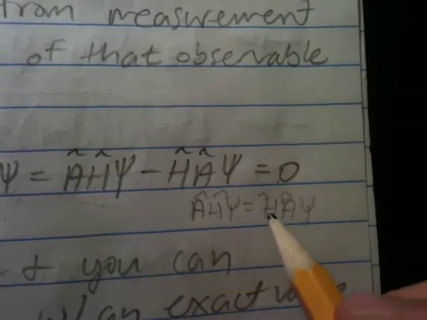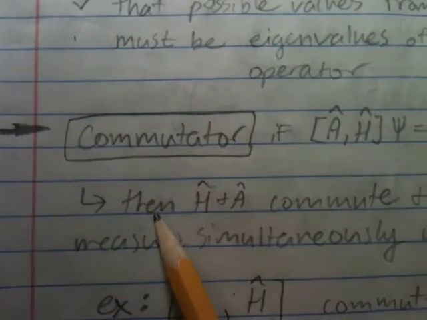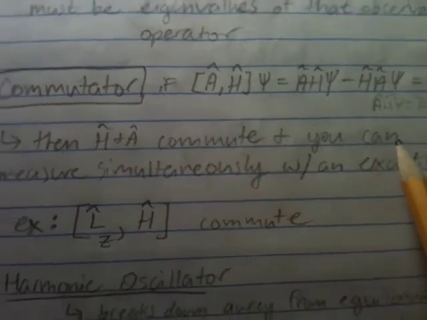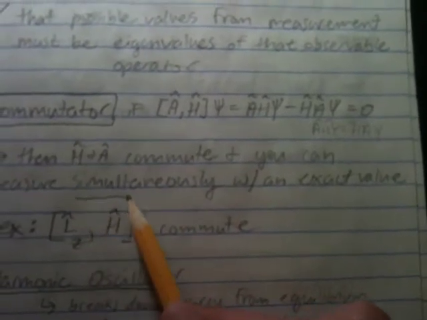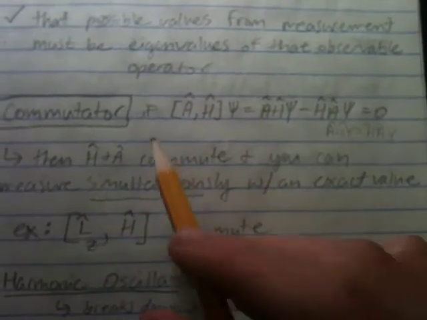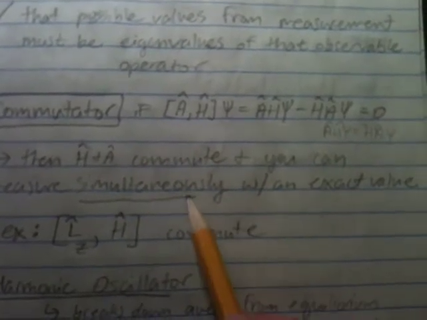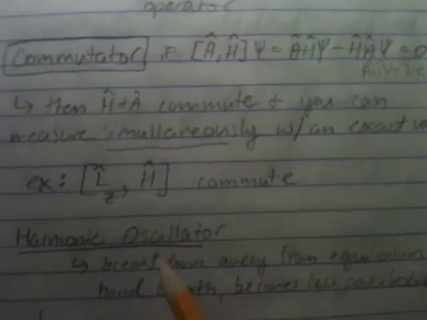If these two are equal, then that means that they commute. Then H hat and A hat commute, and you can measure simultaneously both of these observable measurements. And you can measure these simultaneously to get an exact value.